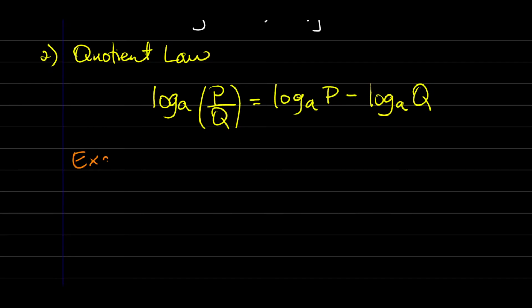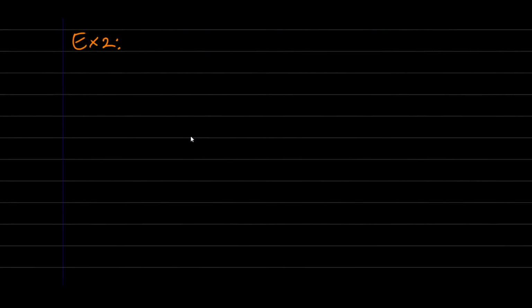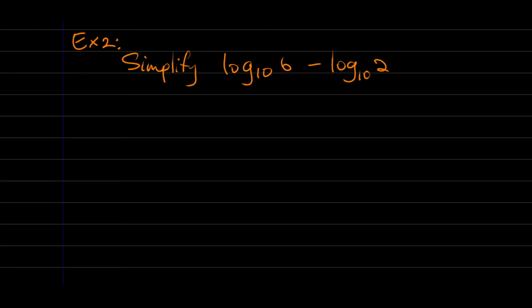And I think this is my second example already. Yes, my second example. All right, so example number 2, we're to simplify log to the base of 10 of 6 minus log to the base of 10 of 2.